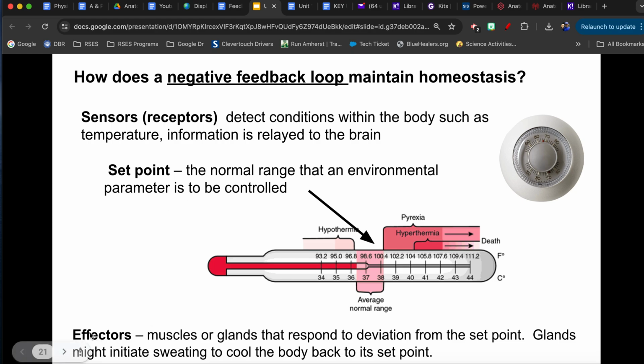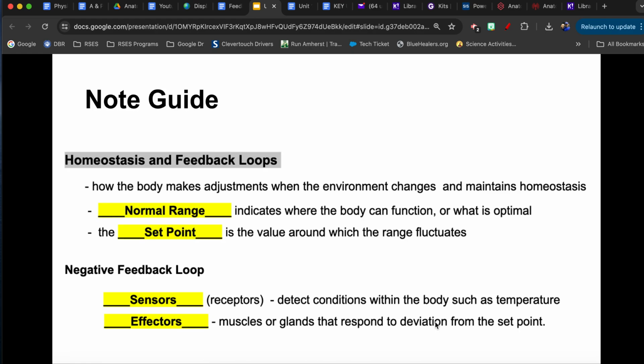And then this term down here, effectors, are muscles or sometimes endocrine glands that produce hormones that respond to the deviation from the set point. In other words, our inside temperature gets too hot or too cold, then the muscles or glands, the effectors, are going to respond to that change. And they might do something like sweating if your body's too hot, and that causes your body to cool down and hopefully get back to that set point, that range.